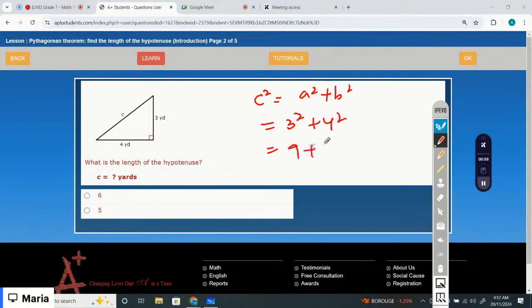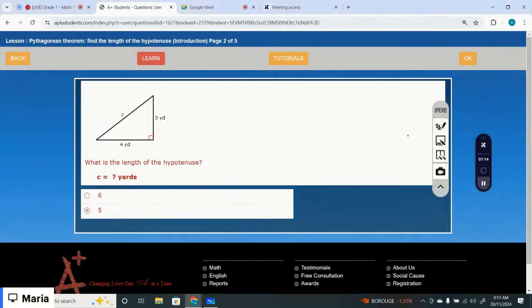So that is 9 plus 16, 25 it is, so just square root both sides. So that is then c equals 5. So the correct option is 5. Option number 2 is the correct option.